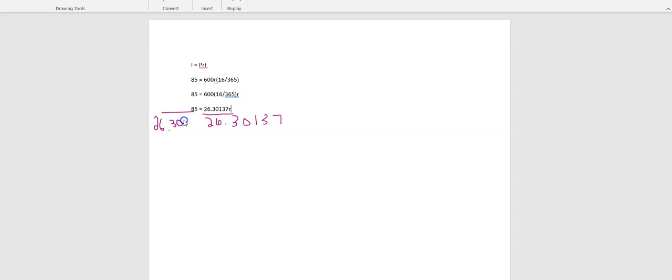On this right side, these two will cancel out, and I'll have the R by itself. I'll put 85 divided by 26.30137 into my calculator, and I get 3.2318. I'll round it off at about 4 or 5 decimals there.